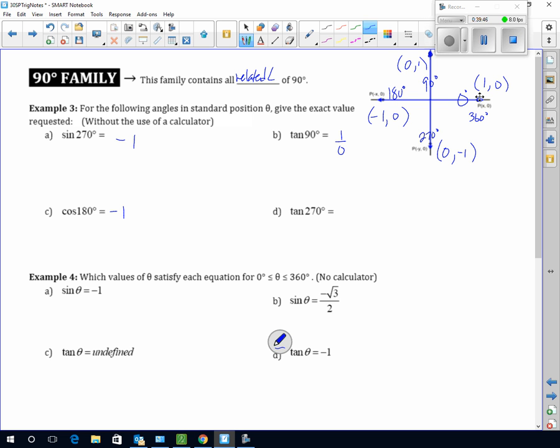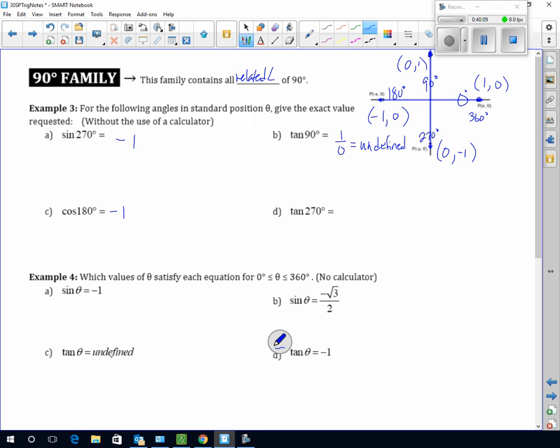And does anybody know what you get? Holy, you just told me you couldn't divide by 0, and you're telling me the answer is 0? That means you could divide by 0. You get an error on your calculator. But in math terms, it means undefined, because you can't actually do that process, right? You can't do that function. You can't go 1 divided by 0. You can't divide by 0.